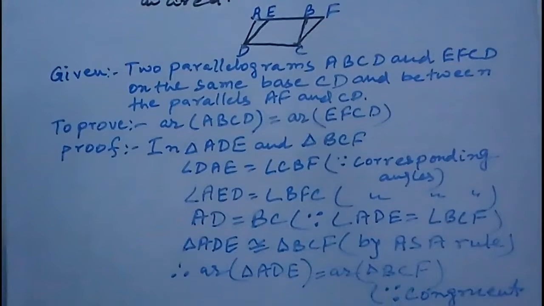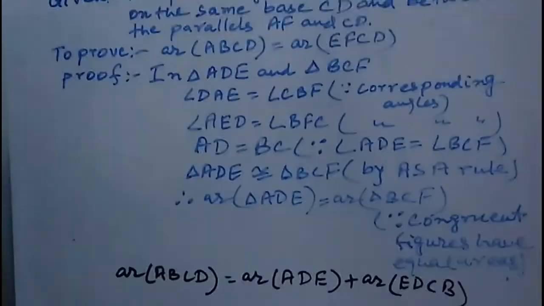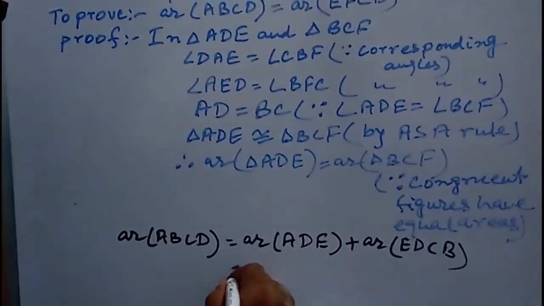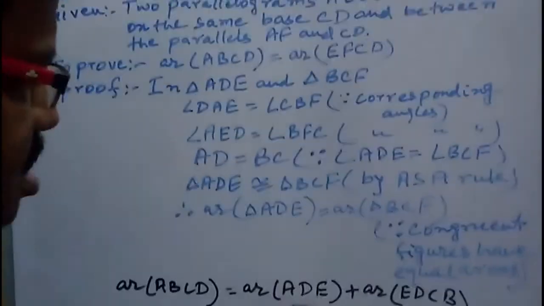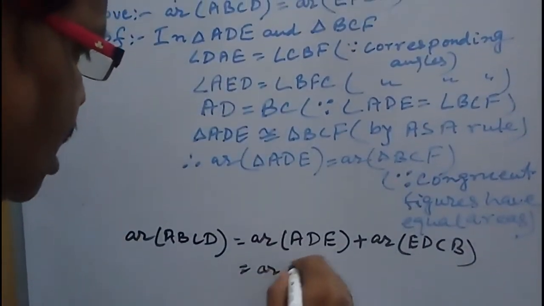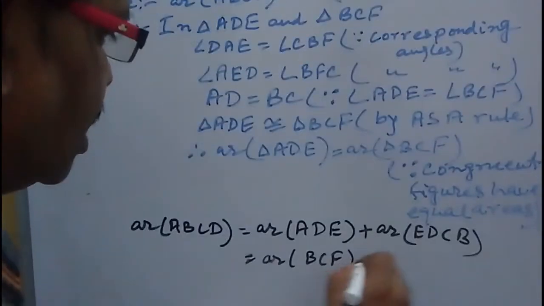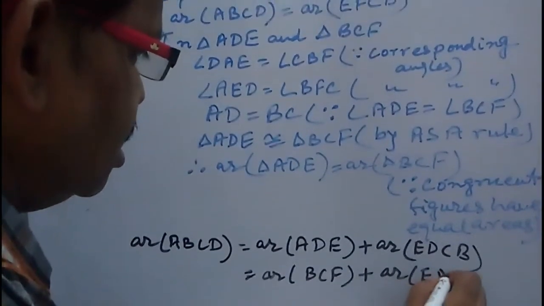Area ADE is equal to area BCF. So in place of ADE we can write area BCF. So area ABCD is equal to area BCF plus area EDCB.